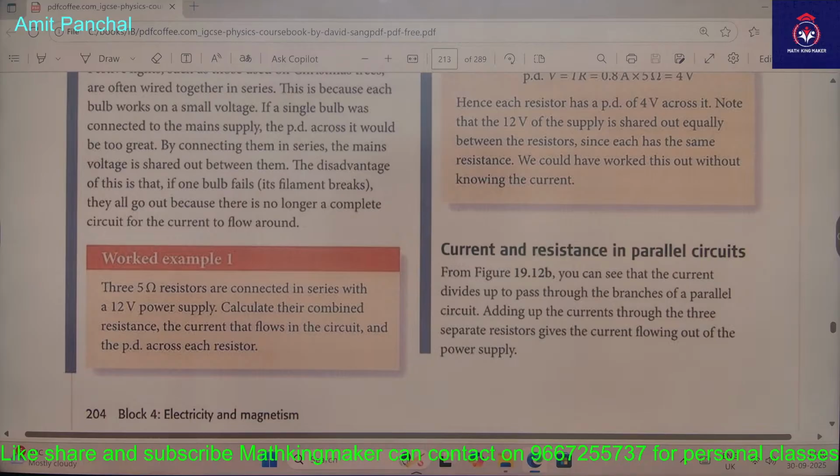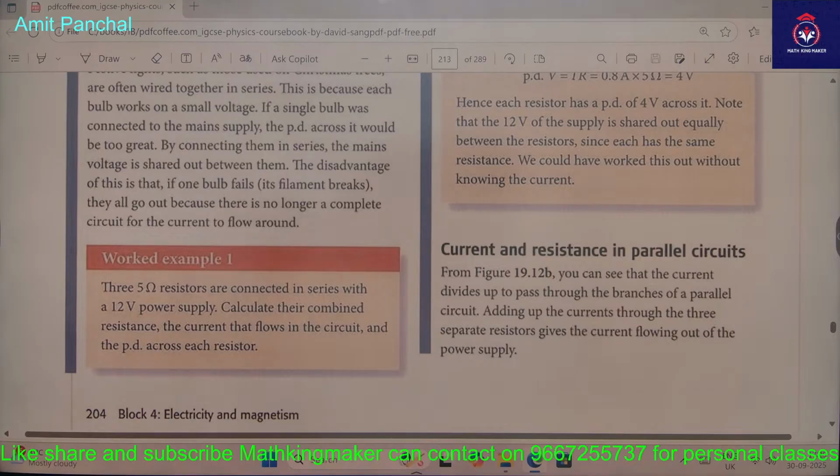So the current is 12 by 15, right? Now you need to find the potential difference, which is basically the voltage, right, sir? So 12, but as they are connected in series, the voltage will be divided. So then what's the potential difference, sir?